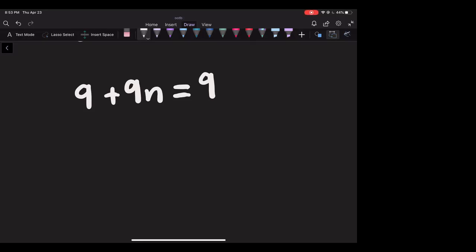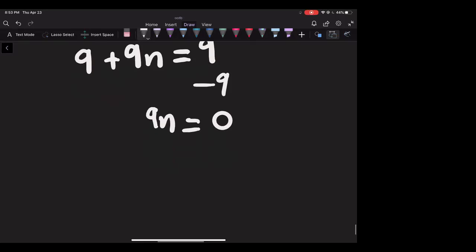There's addition. So here I would minus 9 from 9. So that equals 0. Yes. And now the answer is 0. Good job.